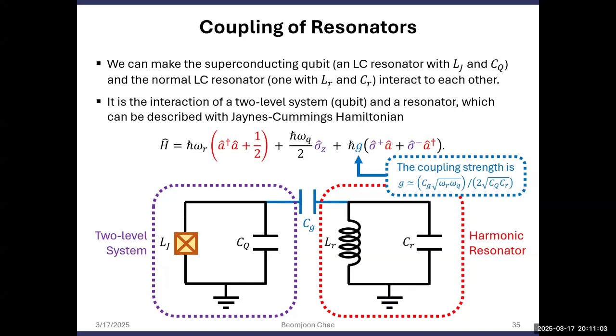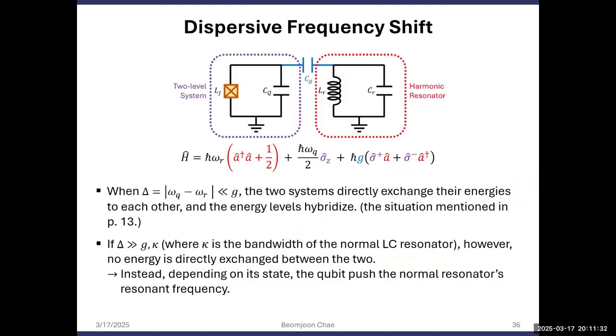We can consider this as a two-level system, and this as a harmonic resonator or cavity. So the dynamics of the overall system can be described using the Jaynes-Cummings Hamiltonian in this way. And the coupling strength can be described in this way.